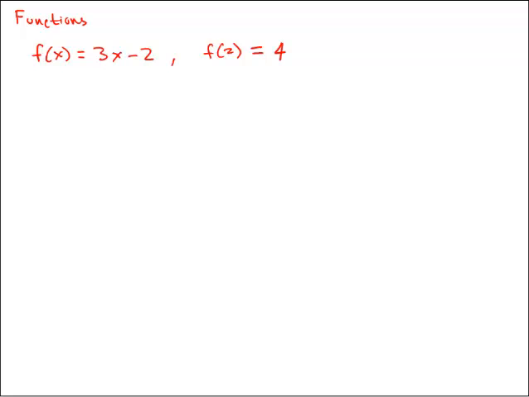Not too hard, right? And what does this function look like? Well, first of all, it's just a line, and it's got a slope of 3 and a y-intercept of minus 2. So we start at minus 2, and for every 1 we go over, we go up 3, about like that, and it extends forever into the infinite beyond in both directions.